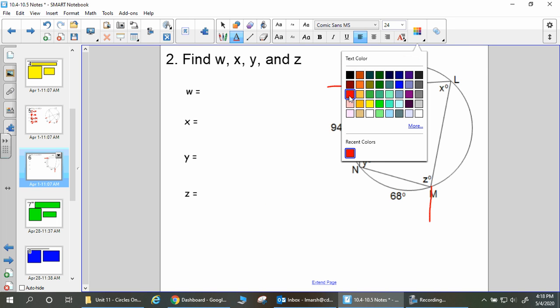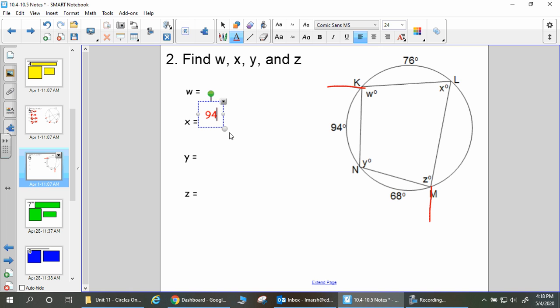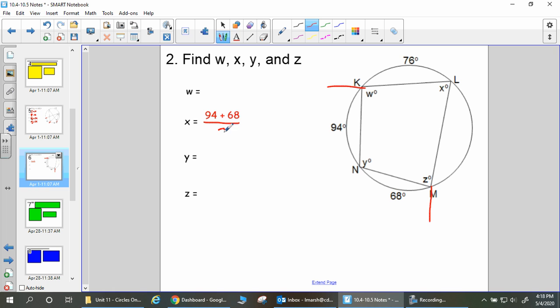Okay, so if I take 94 plus 68, I'm then going to have to divide that by 2. I have to put those two arcs together first, then I can divide. So 94 and 68 put together is 162.